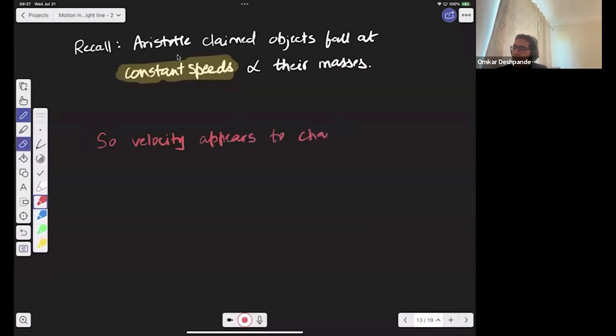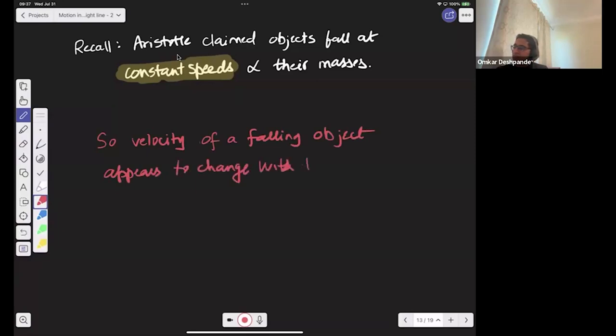The velocity of a falling object appears to change with time. Specifically, we can say that the speed increases with time. The speed of a falling object increases with time.